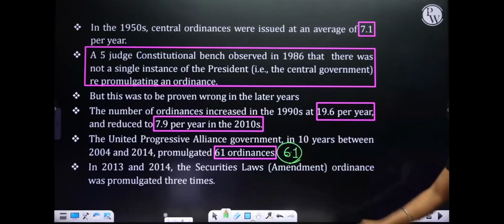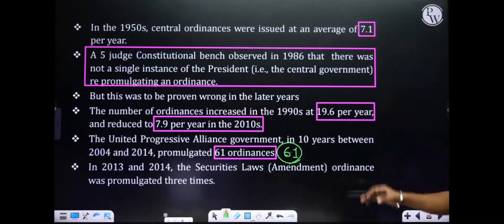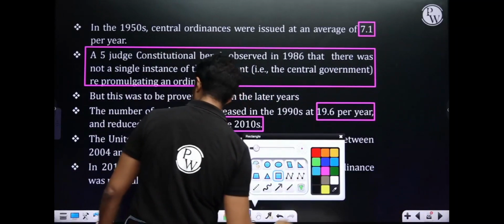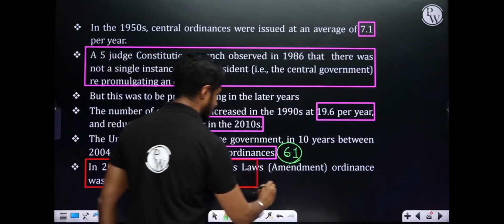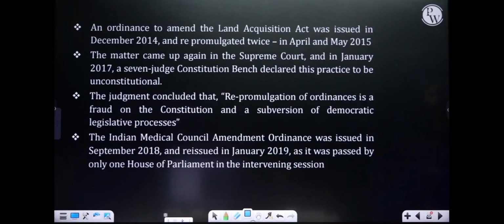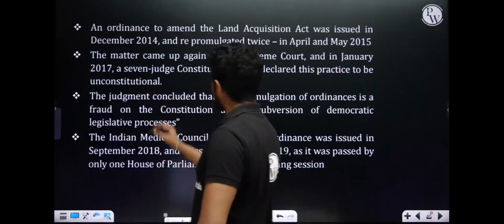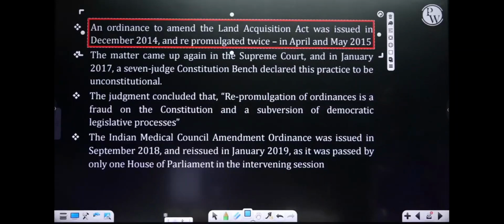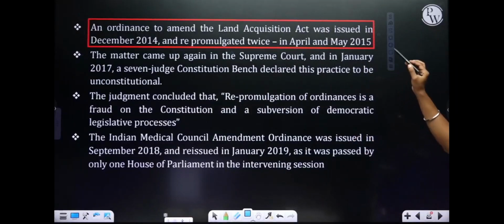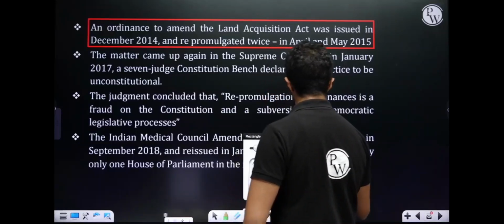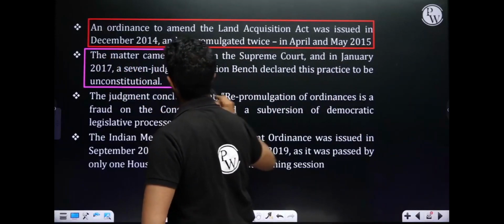In 2013 and 2014, the Securities Laws Amendment Ordinance was promulgated 3 times. An ordinance to amend the Land Acquisition Act was issued in December 2014 and re-promulgated twice in April and May 2015. The matter came up again in the Supreme Court, and in January 2017, a 7-judge constitution bench declared this practice to be unconstitutional.